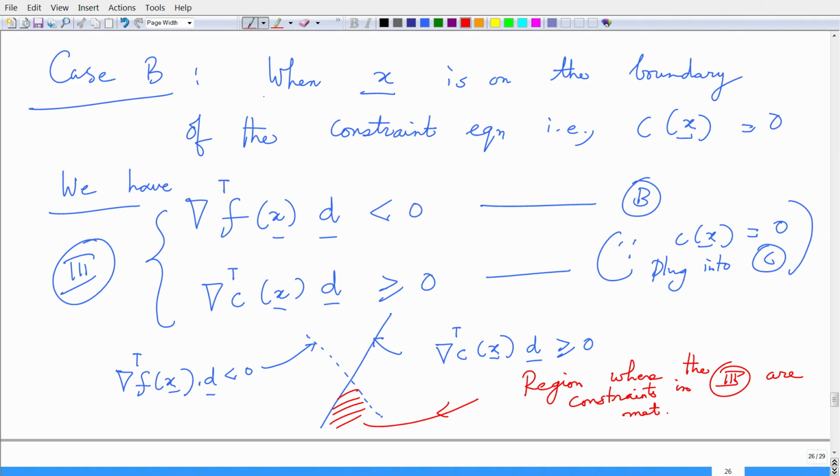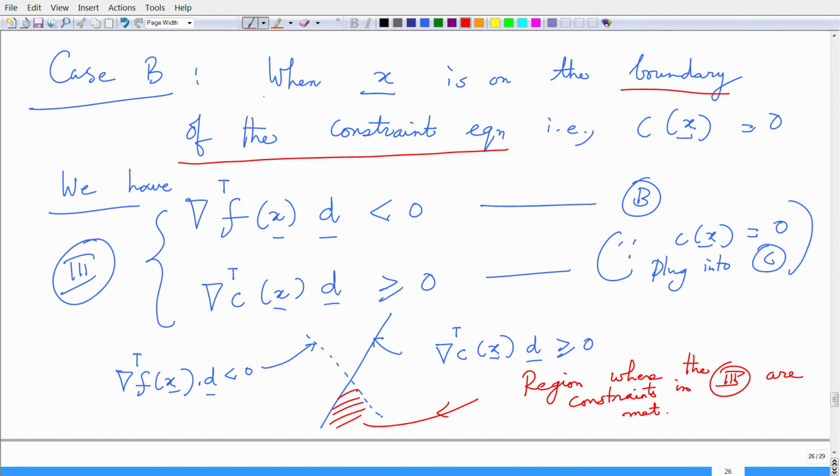Now, we consider the case when x is on the boundary of the constraint equation. So, the case A was when x was inside the curve, right. So, do not get carried away by C of x is greater than or equal to 0 or less than or equal to 0.